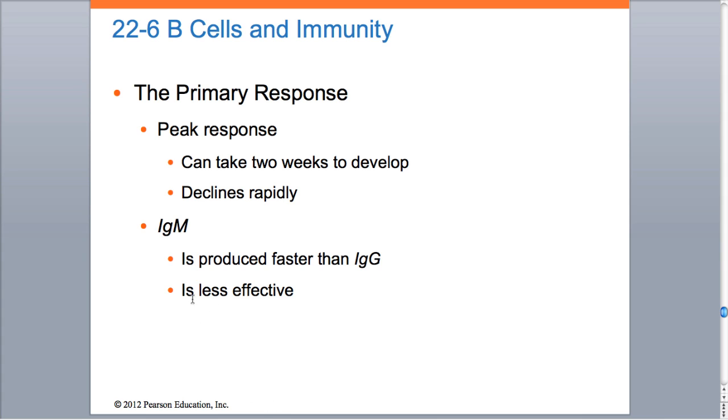It says IgM is less effective and is produced faster than IgG. It is produced faster in what? The first response. So in the first response, IgM kicks in, but it's less effective. Okay, so it kicks in, but less responsive.